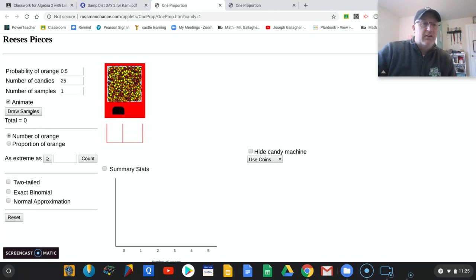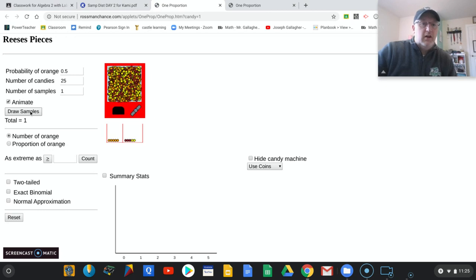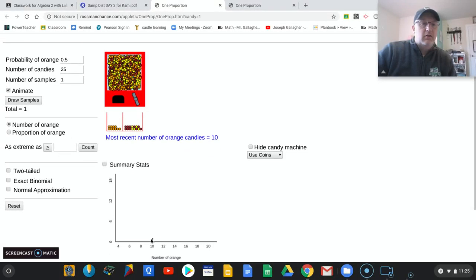When we draw a Robert sample, he takes his 25 Reese's Pieces, and we see he gets 10 out of the 25, which would go right here. Again, we're looking at proportion, so I'll change that to a proportion. He's at 0.40. Before him, I think we have Dominic Townsend. Dominic does the same thing. He also gets a proportion of 0.36.